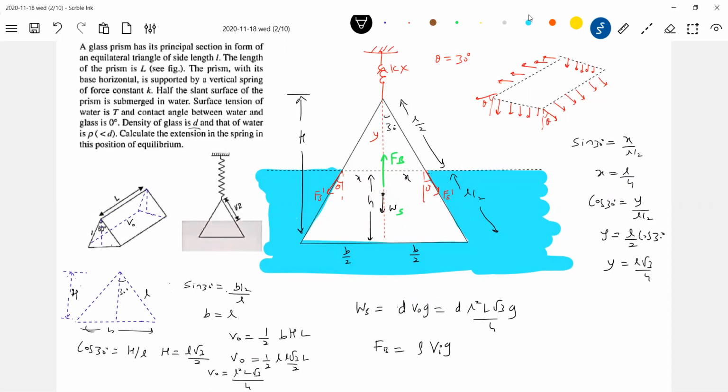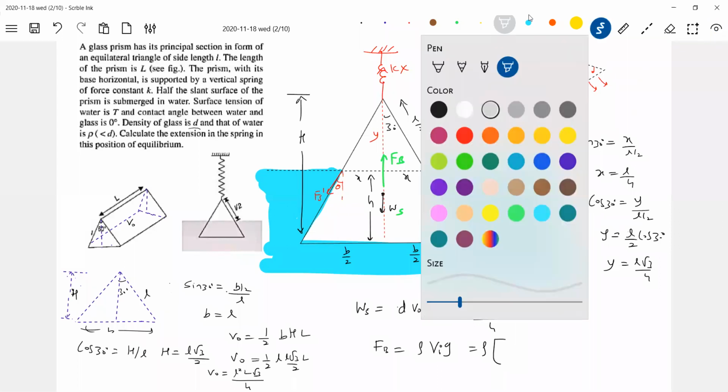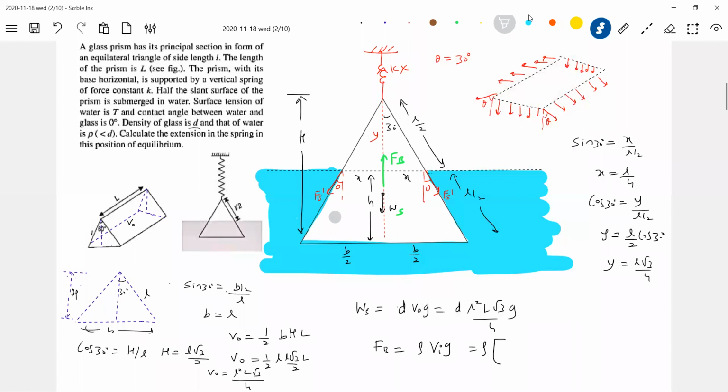What is the volume immersed? Volume of the bigger prism minus volume of the smaller prism. Because I think the volume immersed, are you able to see? This much is what is immersed, no? The gray color, are you seeing the gray color? This is the volume immersed, no?